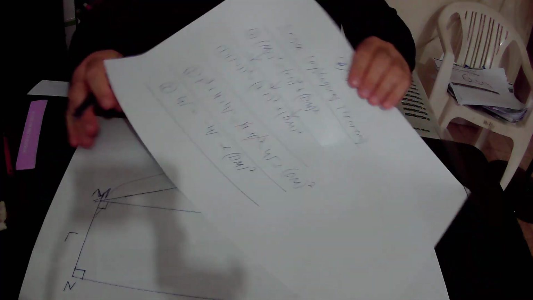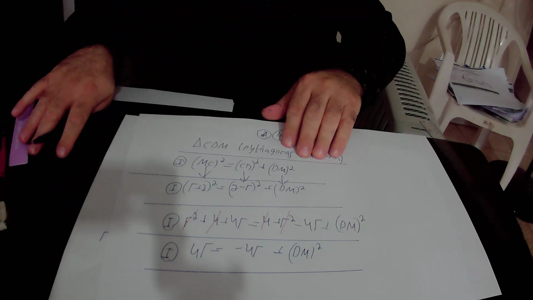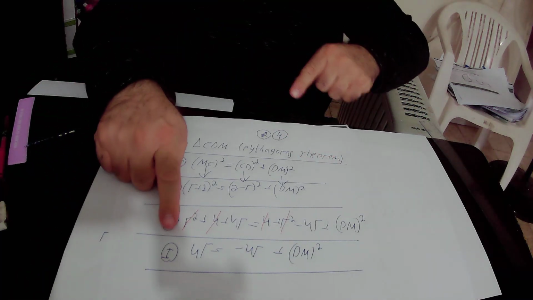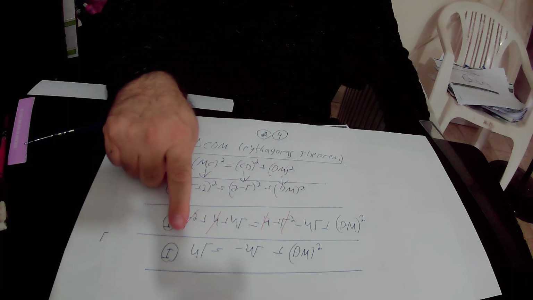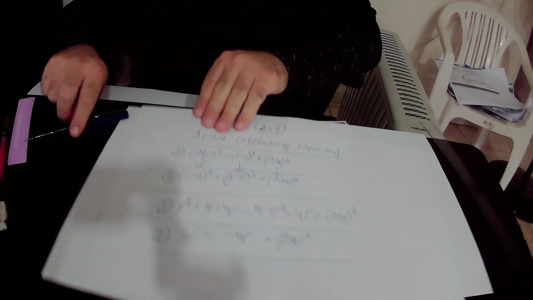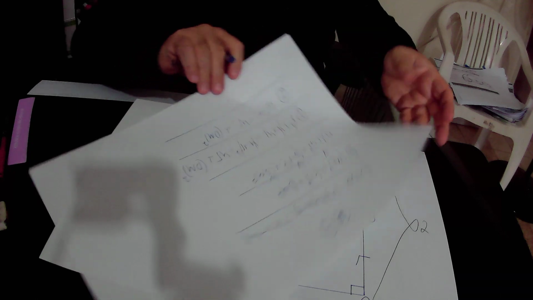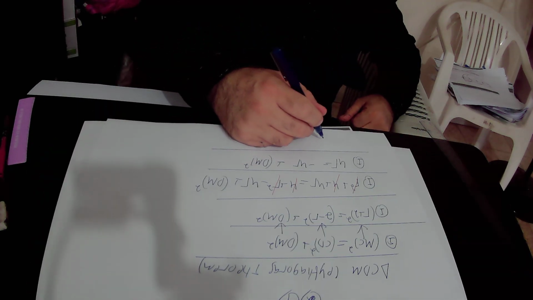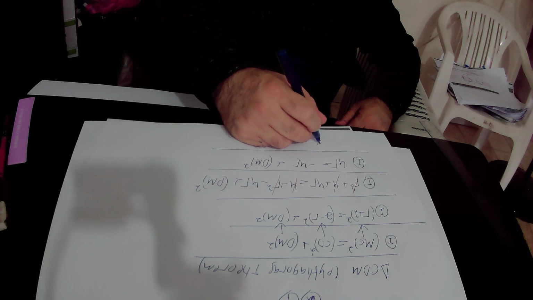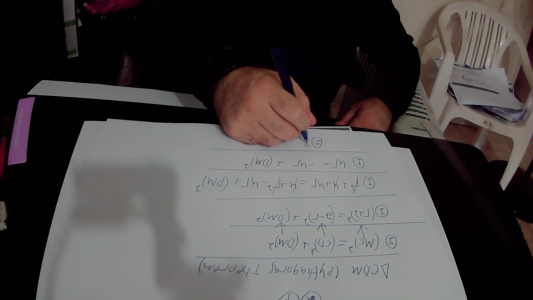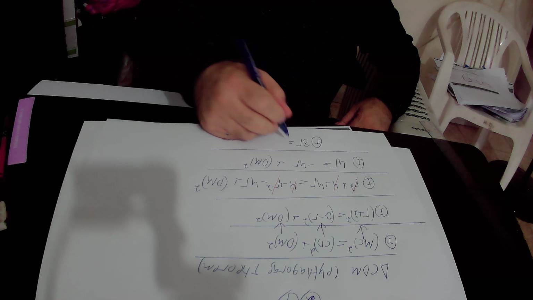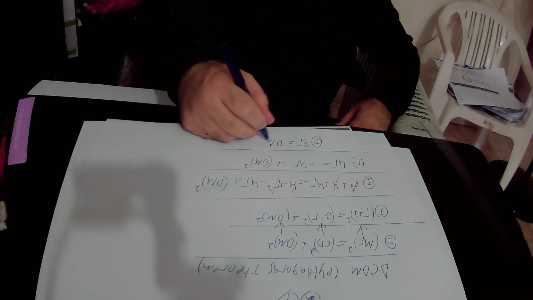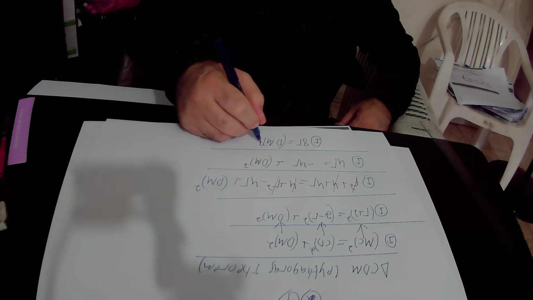I will repeat again. We will add 4R to this equation number 1, and we will get that 4R plus 4R is 8R. 8R equals DM squared.